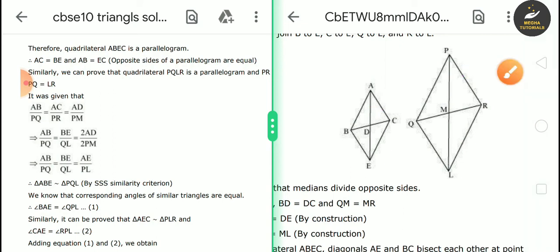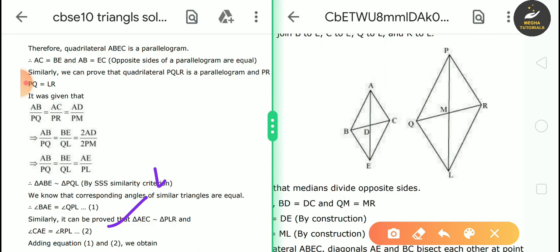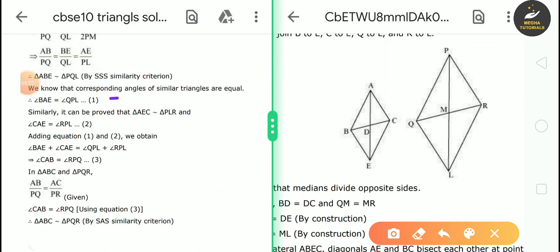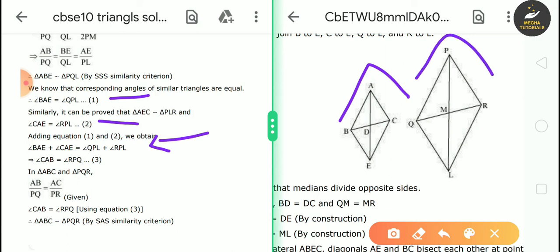Okay, so this is the next equation, that is in this case it is 2, but we can assume it as equation 4. Okay, so after adding these equations I will get angle BAE plus angle CAE is equal to angle QPL plus angle RPL, that is angle CAB is equal to angle RPQ.